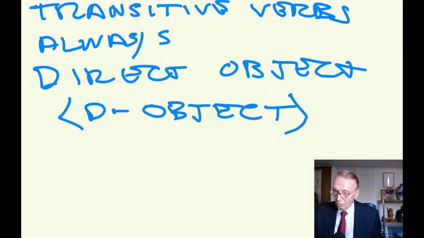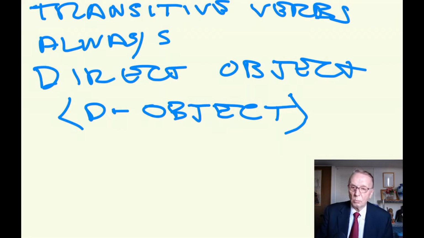For example, we need more money. If you ask the question, what do you need? The answer is more money. So that means more money is the direct object of the transitive verb need.